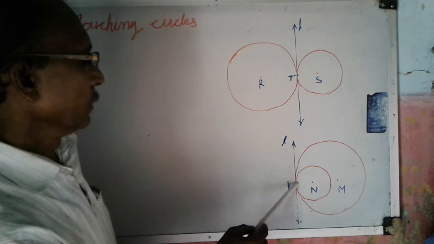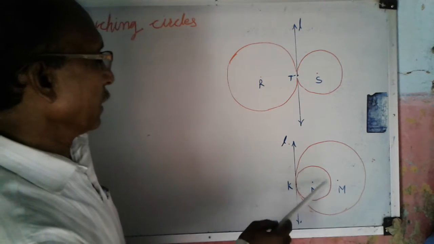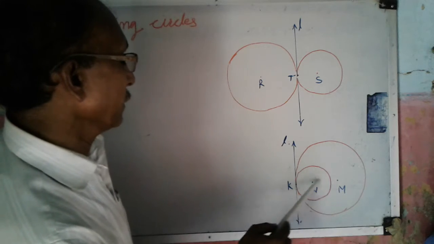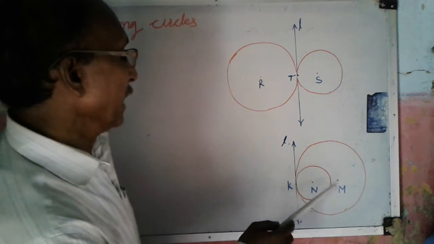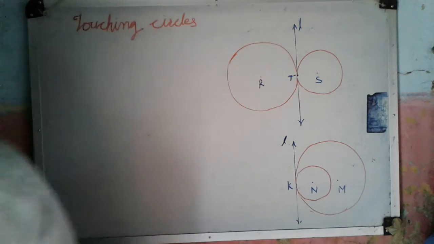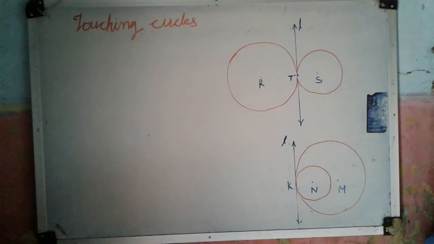And if the circles are touching internally, then the distance between their centers is equal to the difference between their radii.